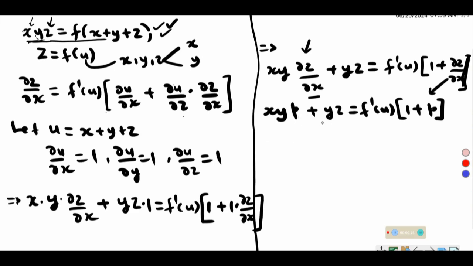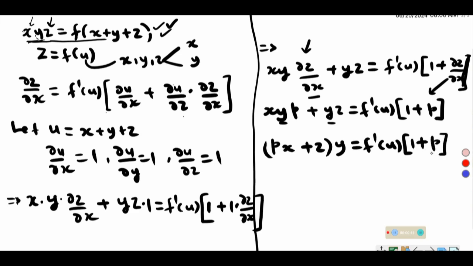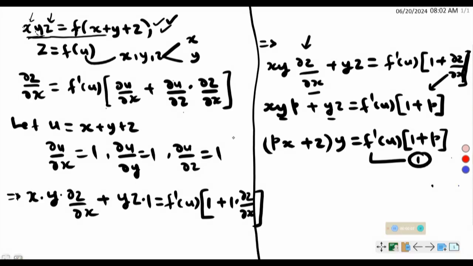We can further simplify by taking the common factor y, so p of x plus z into y is the same as f prime of u into 1 plus p. We call this equation number 1.